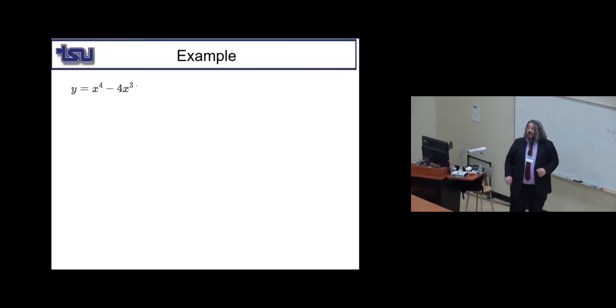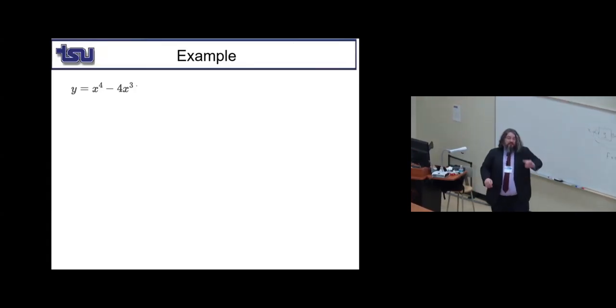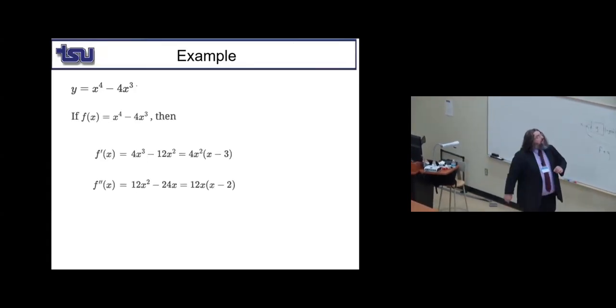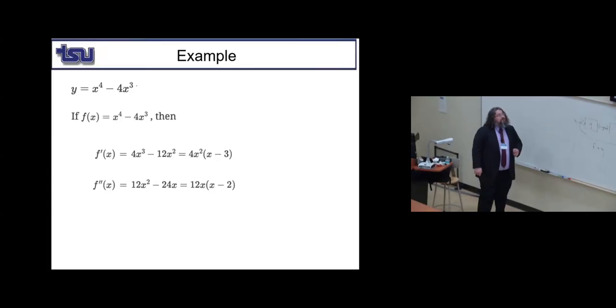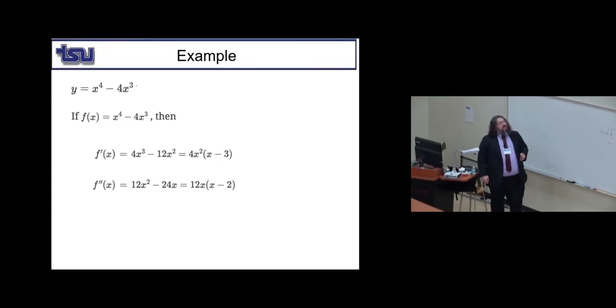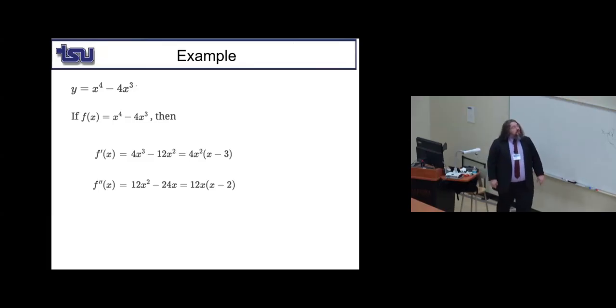All right, so let's take a look at another example, this time using the second derivative test. So we've got f of x is x to the fourth minus 4x cubed. So if I want to use the second derivative test, I need to know the first derivative and the second derivative. So this is just a polynomial. So to take the derivative, I take the derivative of each piece. The derivative of x to the fourth is 4x cubed.